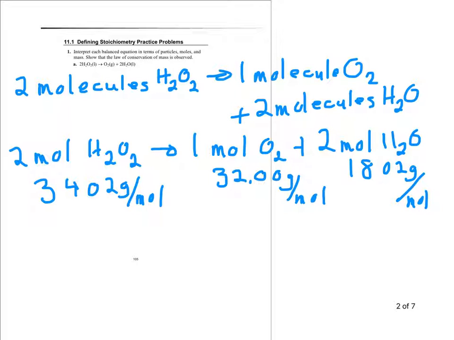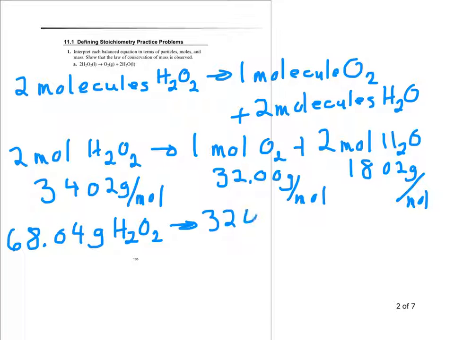Using those and doing a little multiplying, we get 68.04 grams of the hydrogen peroxide breaks down to yield 32.00 grams of the oxygen plus 36.04 grams of the H2O.